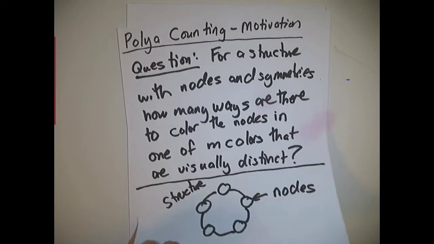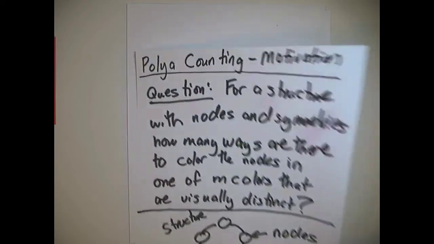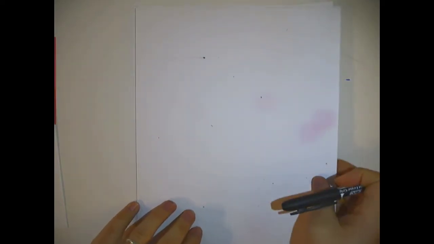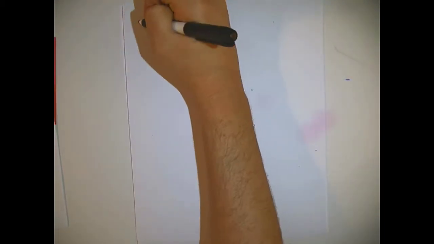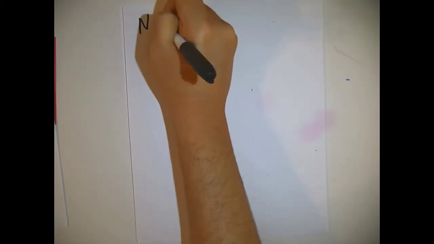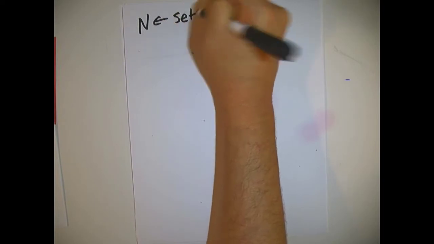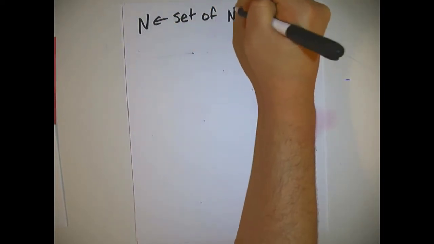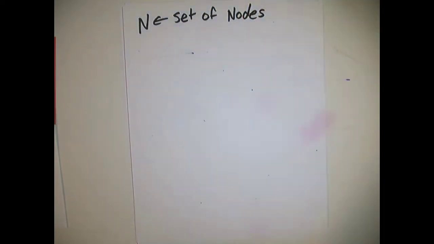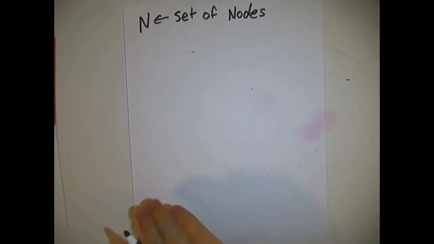So before we can state the Polya enumeration theorem, I want to describe our basic setup here. We're going to have some structure. It's going to have some big N, which is our set of nodes. As I define these terms, I'm going to go along with our 6-bead necklace.